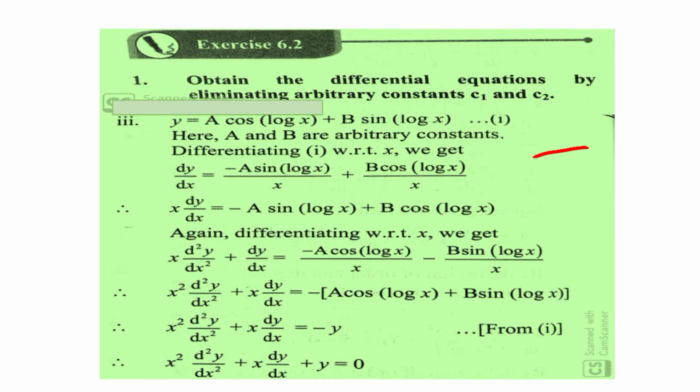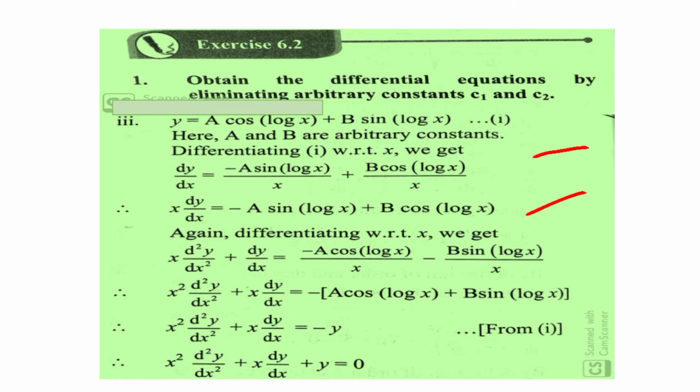So it becomes minus a sin(log x)/x plus b, the derivative of sin is cos(log x), and the derivative of log x is 1/x. Then on the right hand side, the x in the denominator we will take to the left side as multiplication. So x dy/dx is equal to minus a sin(log x) plus b cos(log x).